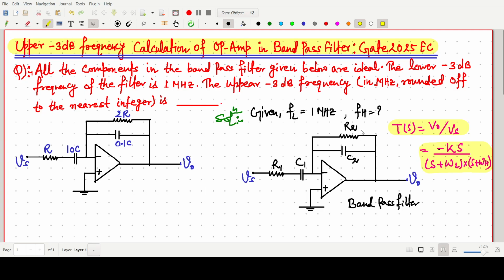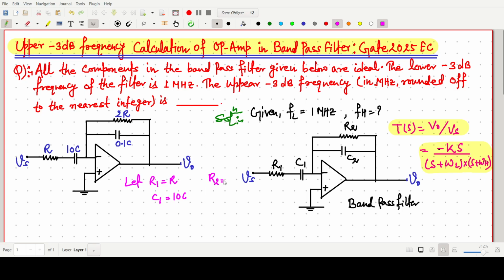Before solving, here we have assumed that R1 is simply R, and C1 is 10C.